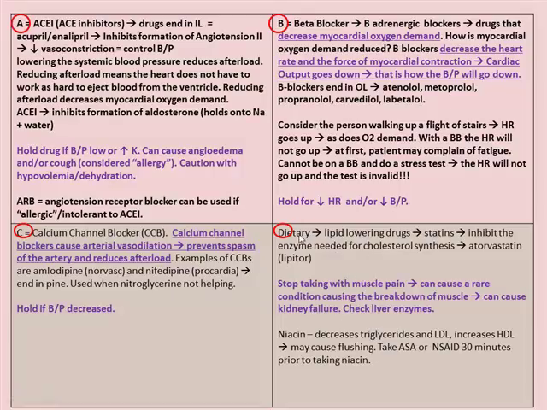And then D is going to be dietary considerations. If an elevated cholesterol is present, then we're going to take lipid-lowering drugs such as the statins, atorvastatin, that's Lipitor, that inhibits the synthesis. Stop taking the medicine if they develop muscle pain because this drug can cause a rare condition that causes muscles to break down, and once the muscle cells break down, then it can clog the kidneys and cause kidney failure.